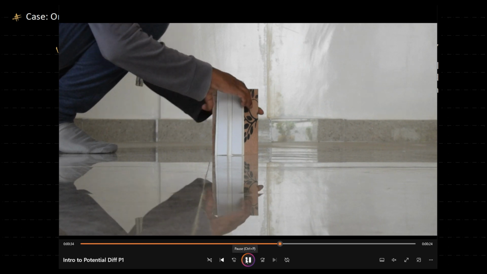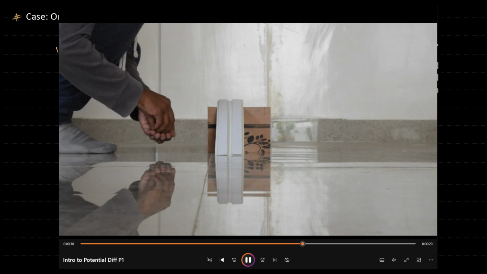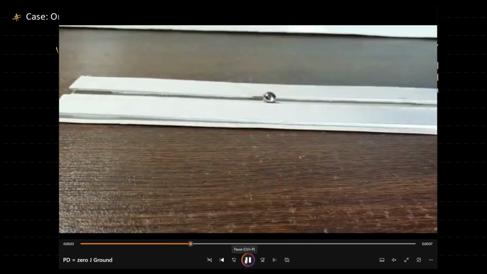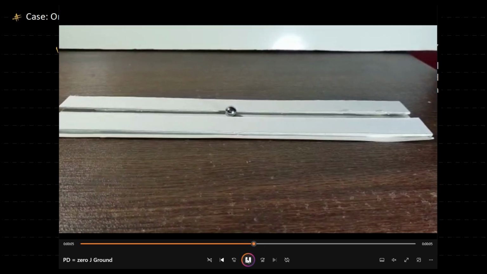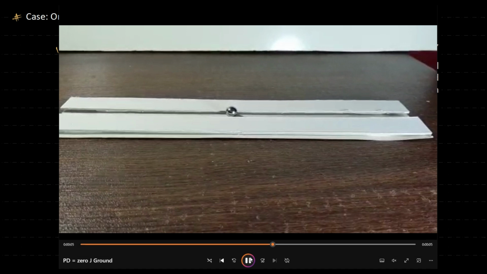What if the neighboring potentials were the same, like in this case, zero? Say this is at zero potential. What happens? It won't move, because the neighbors are also zero.